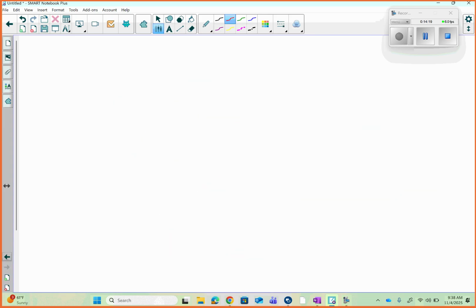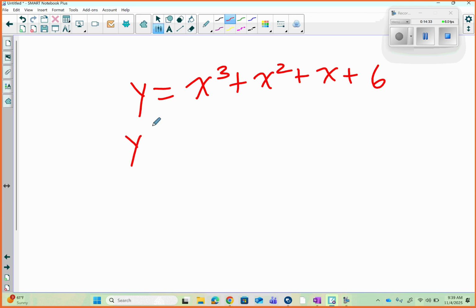But let's go a little bit further. If I took the derivative of this, I'm going to get 3x squared plus 2x plus 1.